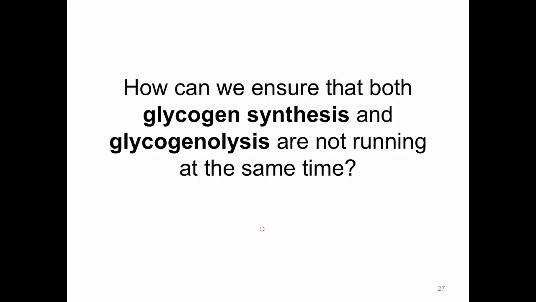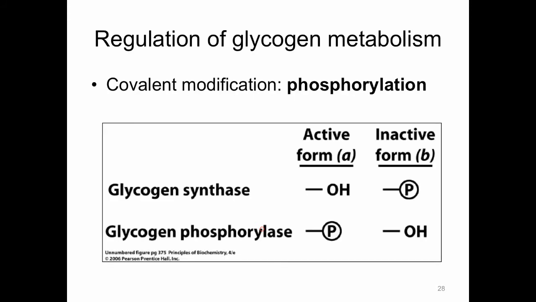So how can we ensure that both glycogen synthesis and glycogenolysis are not running at the same time? The way that glycogen metabolism can be coordinately regulated is through covalent modification of the enzymes through phosphorylation of serine residues. So both glycogen synthase and glycogen phosphorylase, which catalyze the regulated step of glycogen synthesis and glycogenolysis, are both phosphorylated, but phosphorylation has different effects on the enzymes.